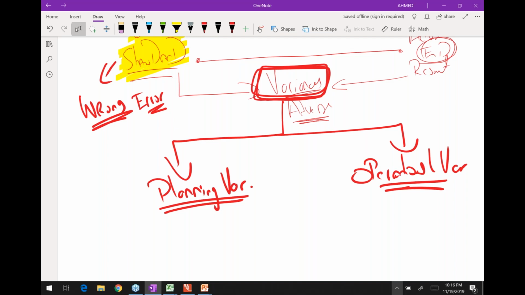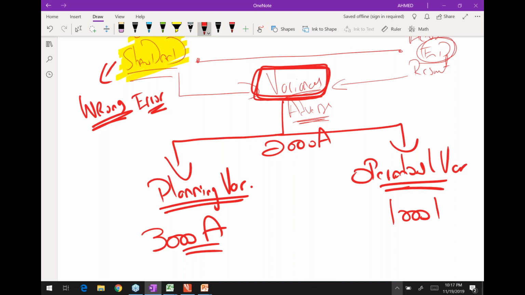For example, if the variance is 2000 adverse, and once you break this into planning and operational, you found that the planning variance is 3000 adverse and operational variance is 1000 favorable. So after breaking this variance into two, we don't have to check, it's given in the paper.